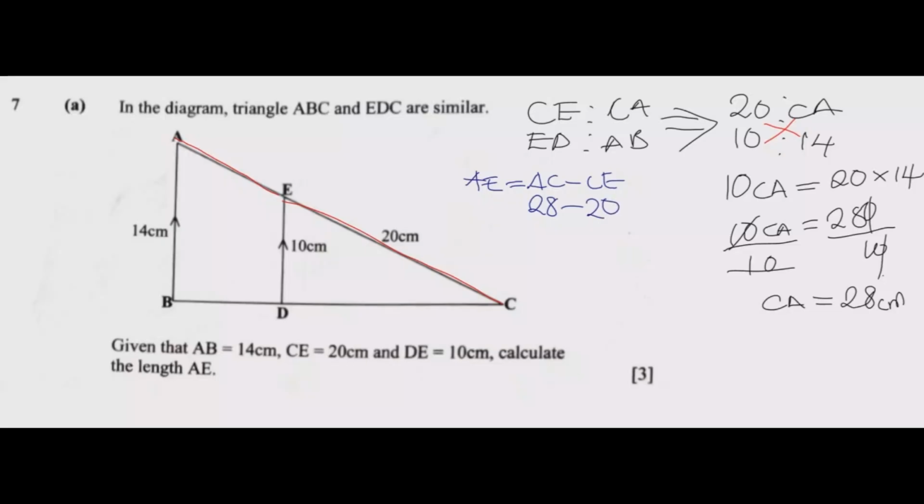Then we say 28 minus 20 will give us 8 centimeter. So the length AE is equal to 8 centimeter.